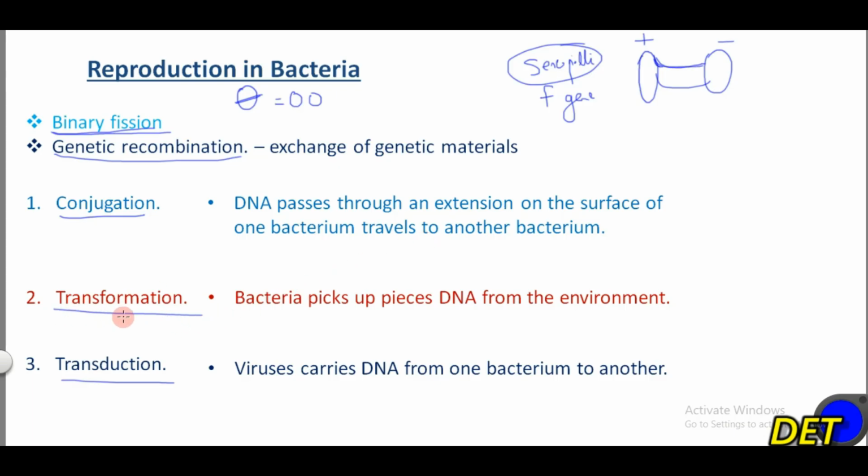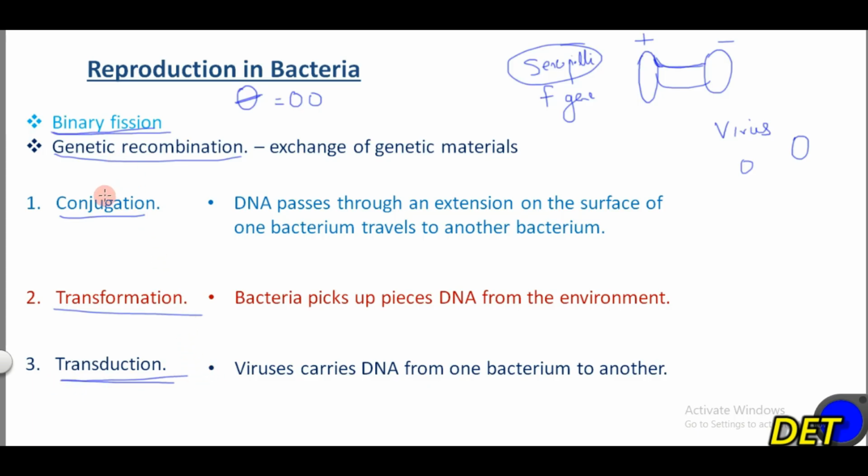Then we have transformation, and in transformation, the bacterium picks up DNA from the environment. Then we have transduction, and transduction involves viruses carrying DNA from one bacterium to another. When a virus carries DNA material from one bacterium to another, we refer to that mode of genetic recombination as transduction.